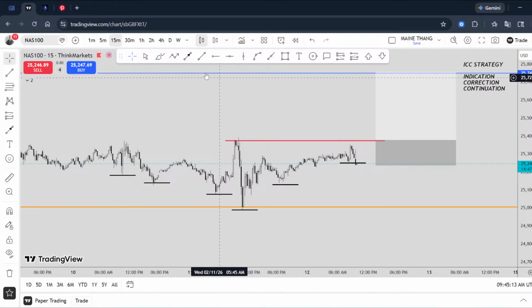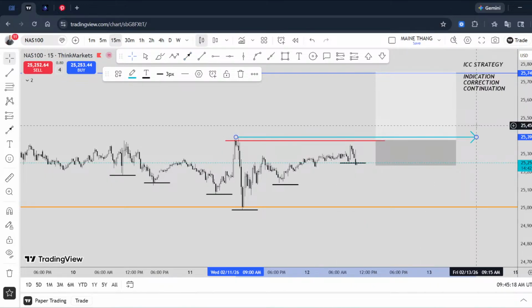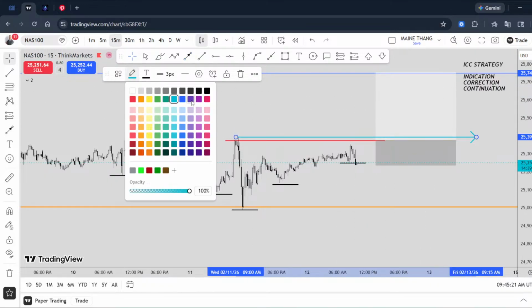We're gonna mark up this range. Make that different.